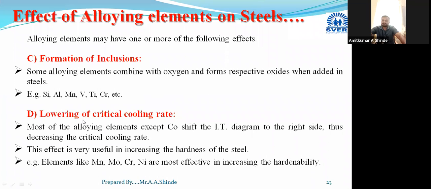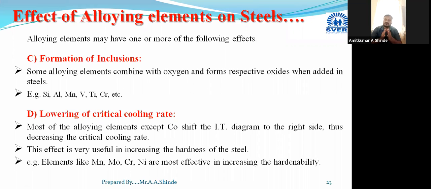Then the next effect is lowering of the critical cooling rate. To understand this term very well, you will need to complete your fourth chapter, heat treatment of steel. In that chapter this critical cooling rate term is there. Now, I will explain it in a short way.